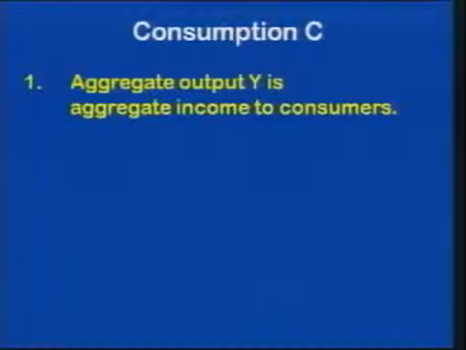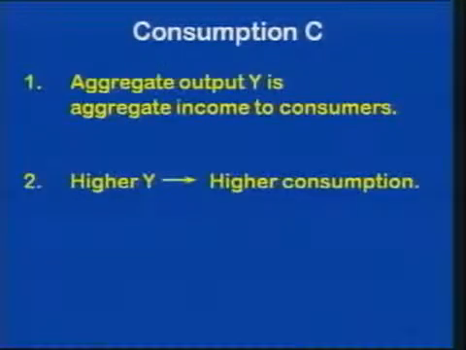That means that the amount of income in aggregate to consumers is exactly equal to the aggregate output for the economy. That's the first thing to recognize. Then the second thing to recognize is that, as we all know, we choose to buy more when we have higher income.